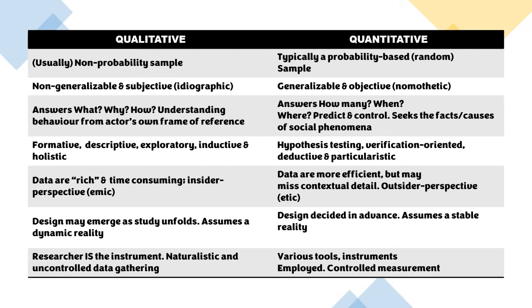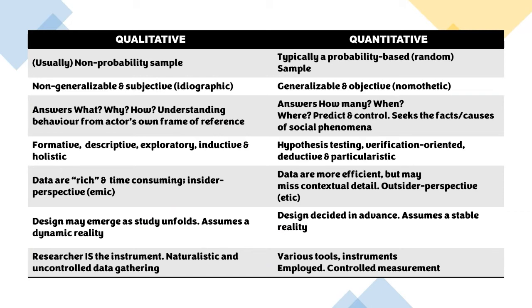Then qualitative also tries to answer what, why, how, and understanding behavior from the actor's own frame of reference. Whereas quantification asks how many, when, where. We try to predict and control. If I'm talking impact, I want to predict if I've got this, this would be the outcome. Other variables I can eliminate.